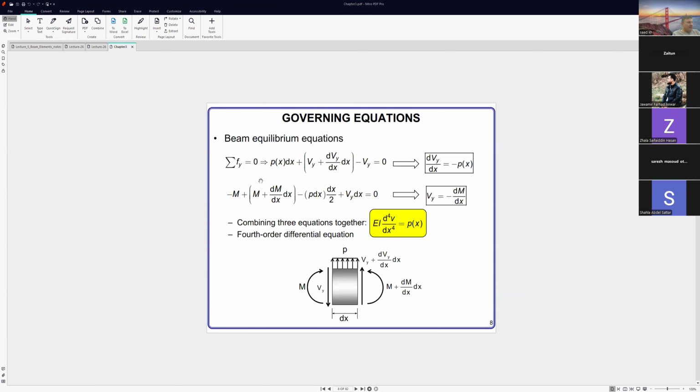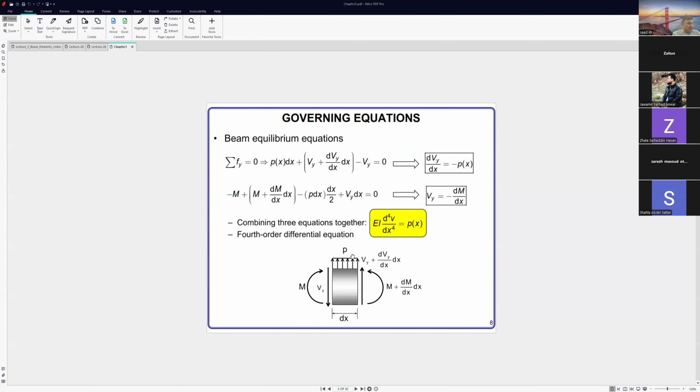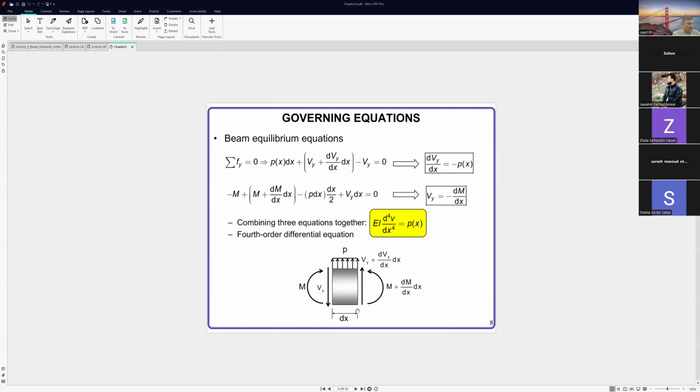Now we have the beam equilibrium equation, summation of Fy is equal to 0. What will we have in the governing equation? If we take any segment of this beam, we can get P of x, and this is the distance, a small segment of this beam, dx.